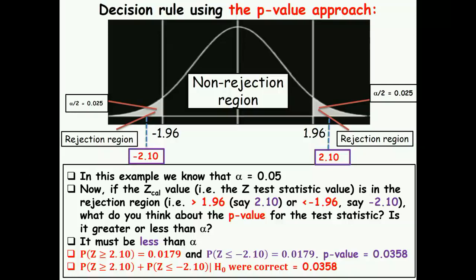If the null hypothesis were correct, what is the probability of these two? The probability to be on the right-hand side of 2.10 or on the left-hand side of minus 2.10. Assuming the null hypothesis is correct, what is the probability to the right of 2.10 or to the left of minus 2.10?